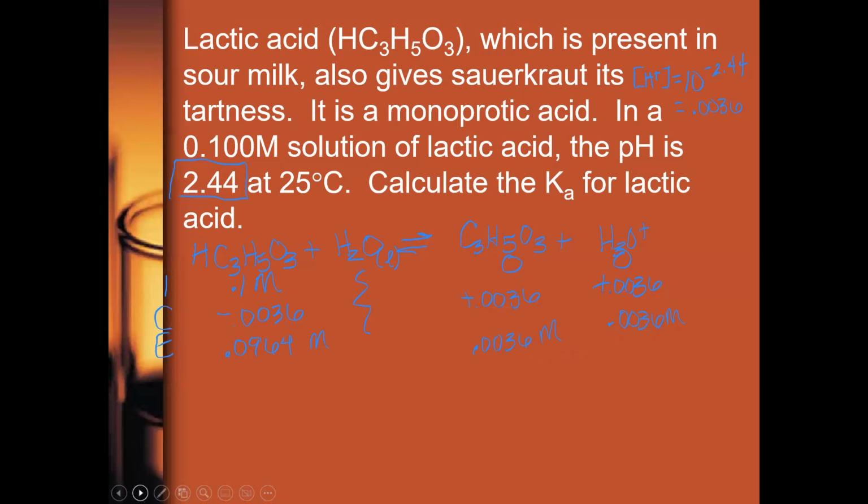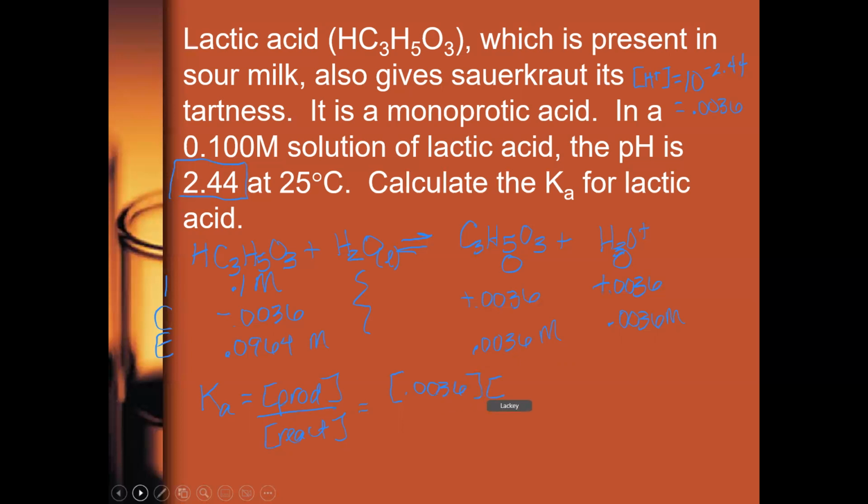So to solve for Ka, which it wants, this is still the same version of K, where we have the products on top divided by the reactants on the bottom. So our products on top, we have the lactate, which is the 0.0036.